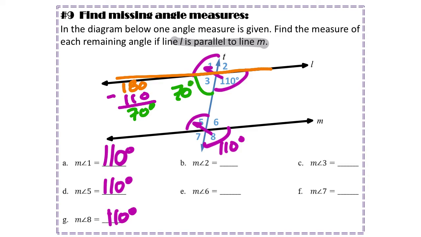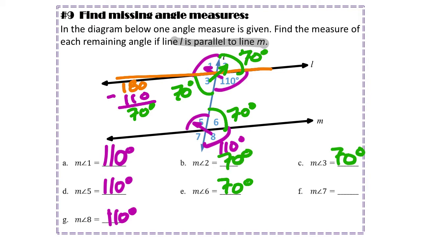So angle 3 is 70 degrees, and its alternate interior angle would also be 70 degrees here. That's angle 6. But its vertical angle, angle 2, is also 70 degrees. And so angle 2 and angle 7, which are alternate exteriors, since those two lines are parallel, angle 7 is also 70 degrees.